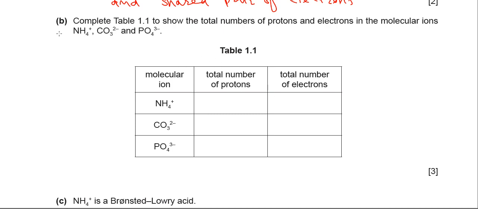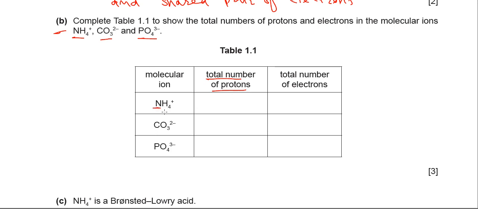Okay, so the B part: complete table 1.1 to show the total number of protons and electrons in the molecular ions ammonium, carbonate, and phosphate. First of all, we have to find for the ammonium ion, which is the complex or molecular ion, the number of protons.